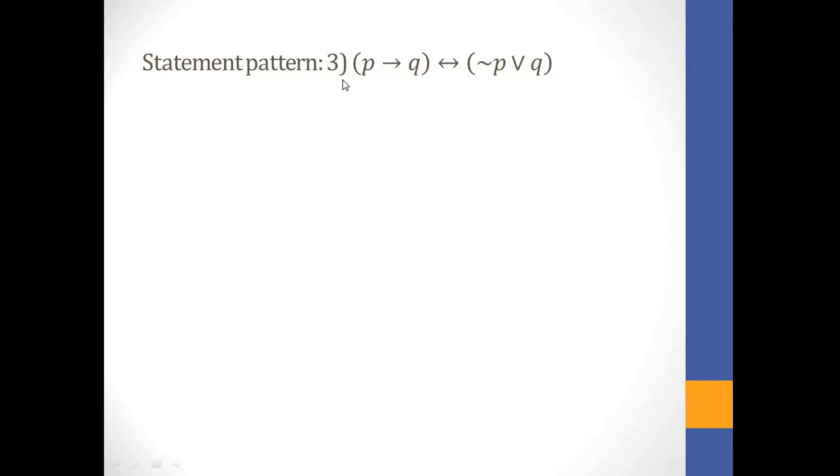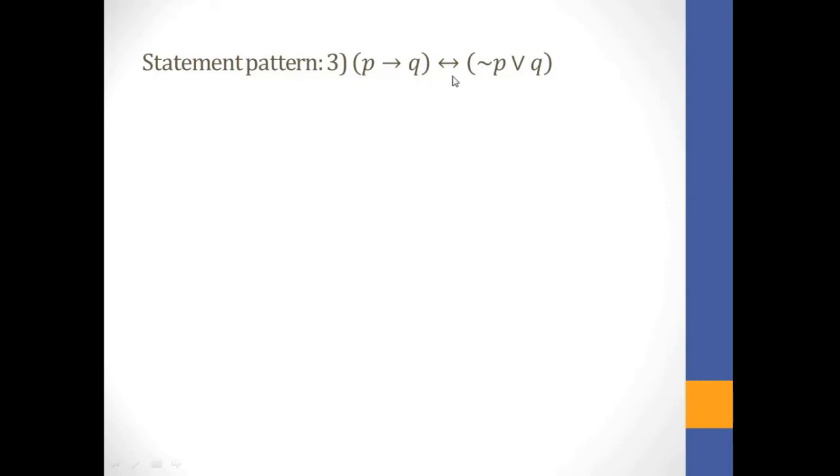Now see another example, the third one. In the first bracket, P implies Q, double implication. In the second bracket, negation P or Q. Now again here there are two statements P and Q, and 1, 2, 3, 4 connectives: implication, double implication, negation and disjunction.